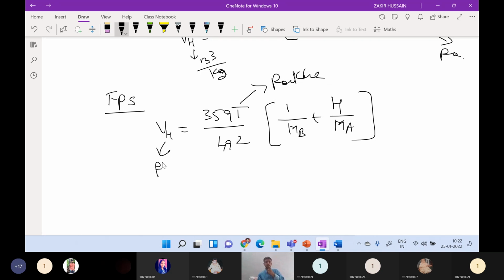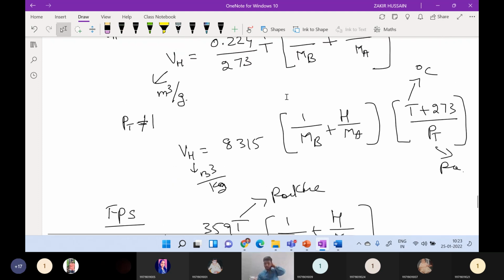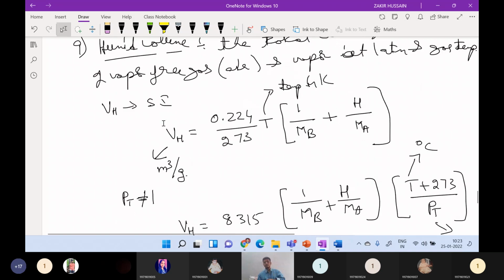So VH will be in feet cube per pound. For each pound of air, how much feet cube of humid volume will be there. So these three equations you have to remember.